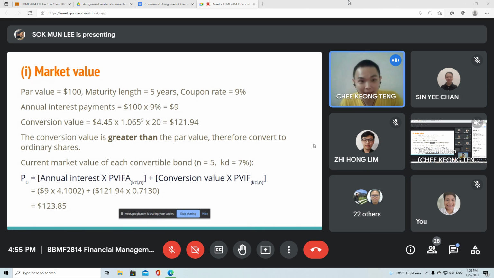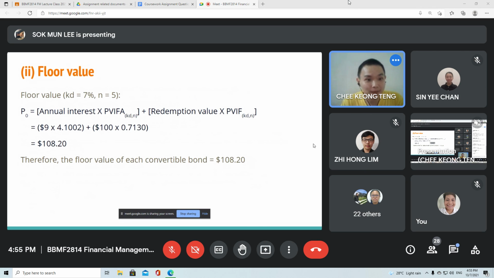Okay, thank you. The last slide, next slide. But what is floor value? Floor value is the minimum value you will get. So worst come to worst, even if the share price later on is not as expected 122, maybe it's only 80 or 60 or 50 or only 40 ringgit at the end, you will not go to convert.